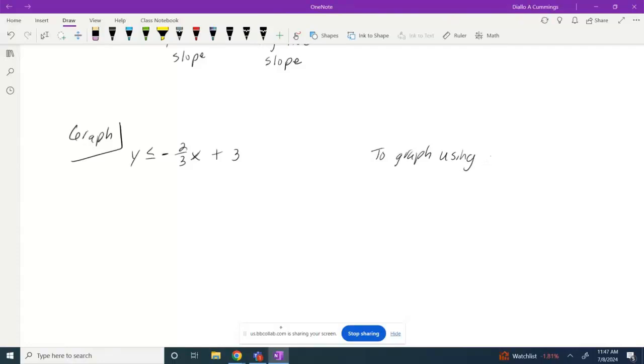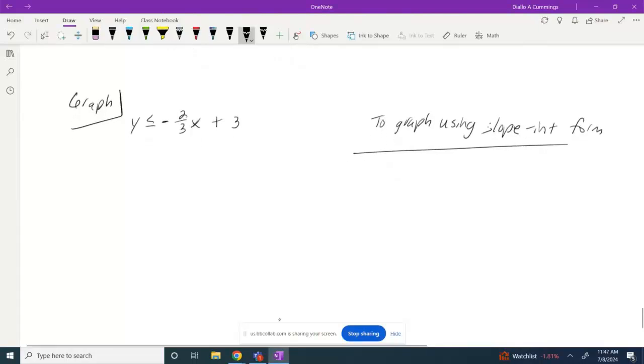So we're not going to do any x or y charts or anything. We're going to actually just use slope-intercept form. So the first thing, in order to graph using slope-intercept form, your equation must be in the right form. And we can see that this is in slope-intercept form. It's solved for y.